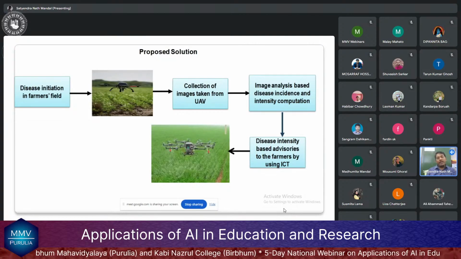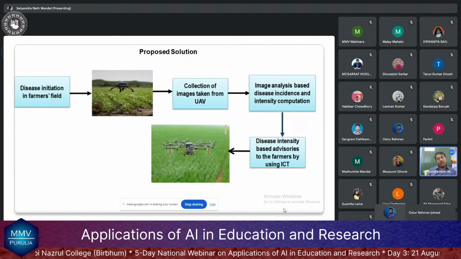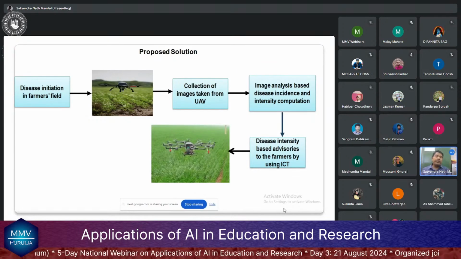After that, we can analyze the pictures. If some problem is happening in the field, the drone will automatically set the coordinates where the problem may happen. Then a second drone, or maybe the same drone, can carry some pesticide and spray it at that particular position.